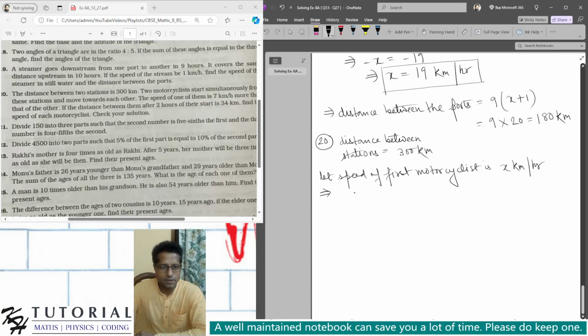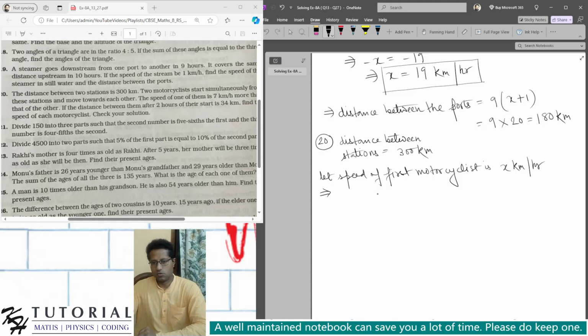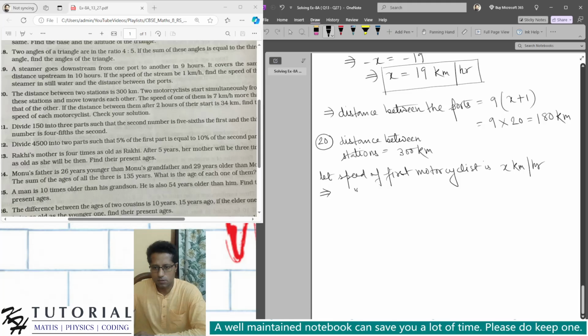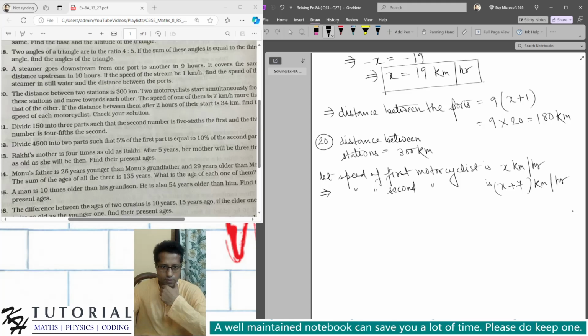It is given that the speed of one of them is 7 kilometer per hour more than that of the other. So let's say the speed of the first motorcyclist is x kilometer per hour. Therefore, the speed of the second, considering that the second motorcyclist is running at a higher speed, will be x plus 7 kilometer per hour, because one motorcyclist is moving at 7 kilometer per hour more than the other.